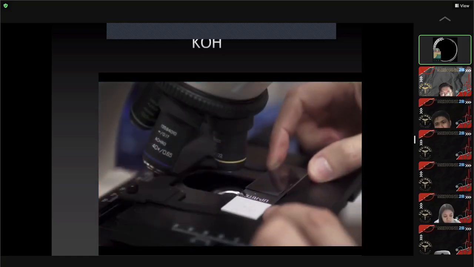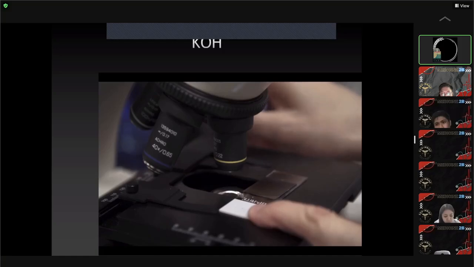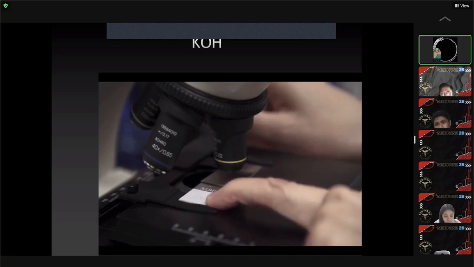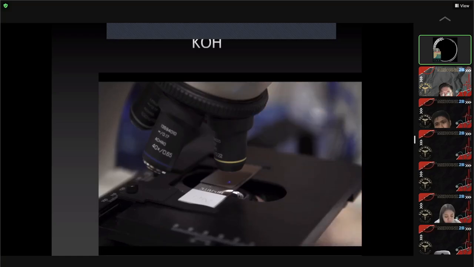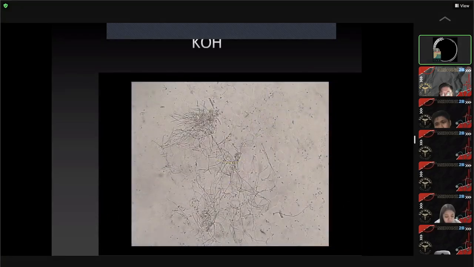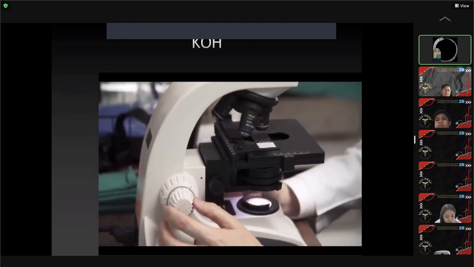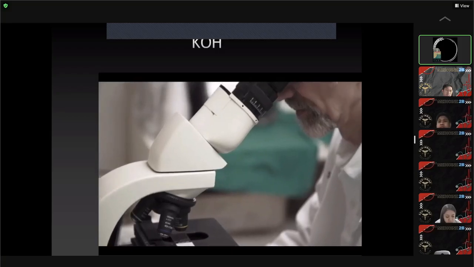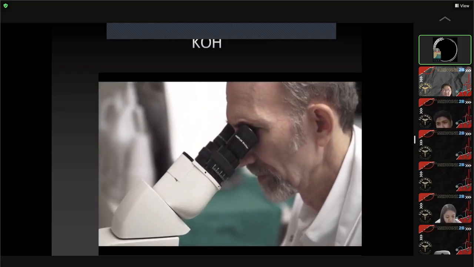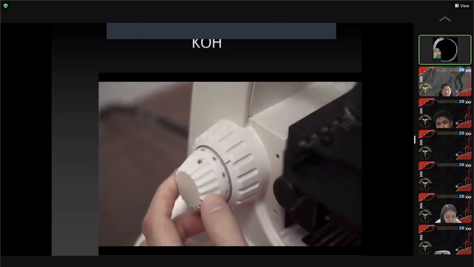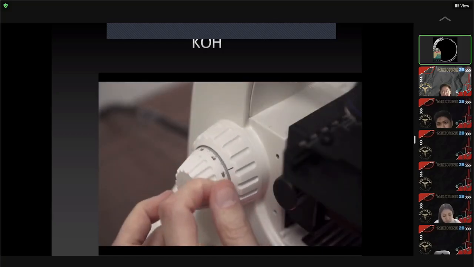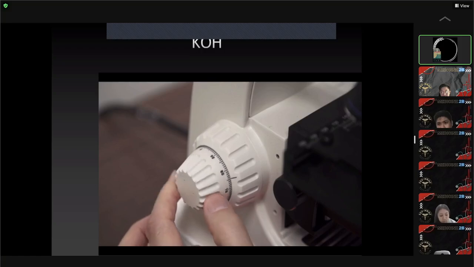Examination of the slide starts at 10 power. The clinician looks for clusters of cells with associated fungal elements such as hyphae or pseudohyphae. While looking for fungal elements, it is important to use the fine focus to search up and down through the specimen, keeping in mind that the preparation is three-dimensional and hyphae may be seen better at one level than another.